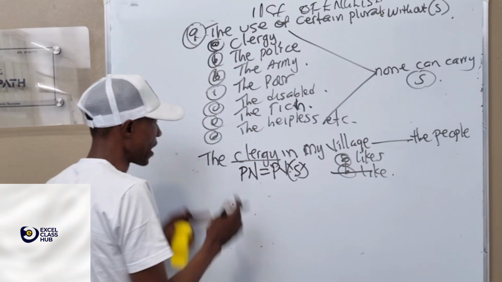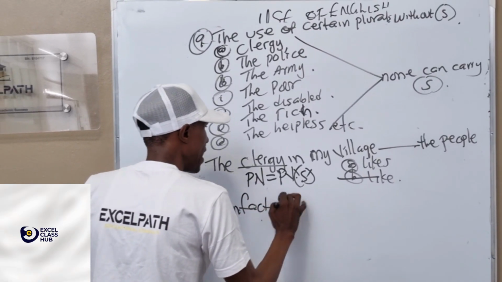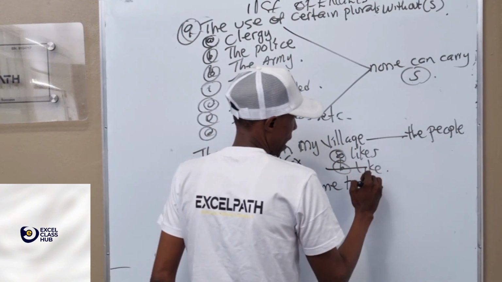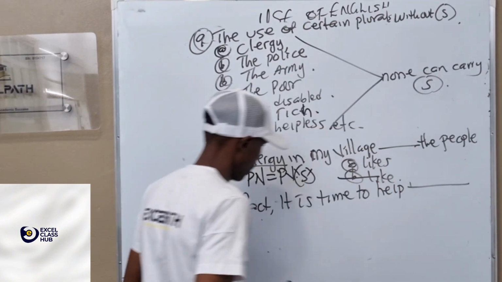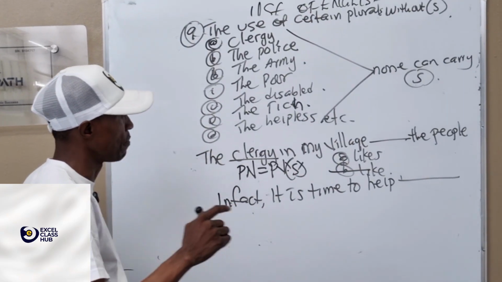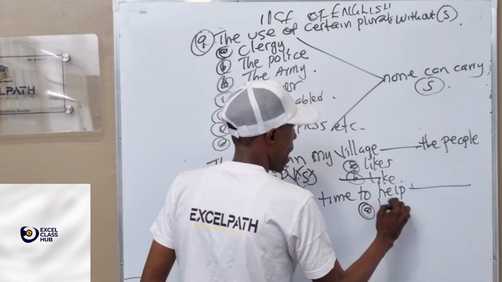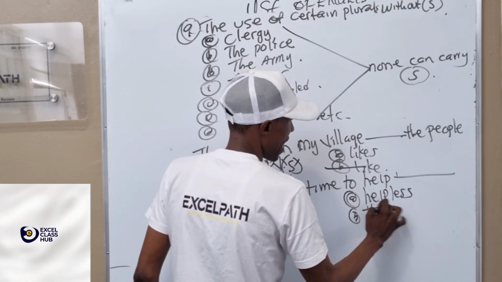A question was found in JAMB. It said, in fact, it is time to help dash. They said A, helpless. B, the helpless.